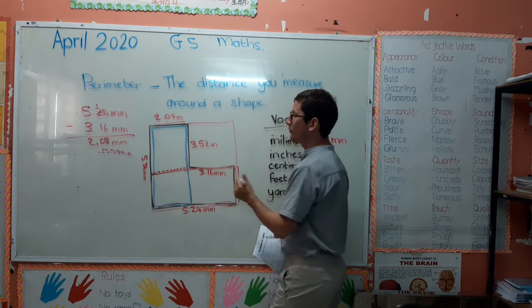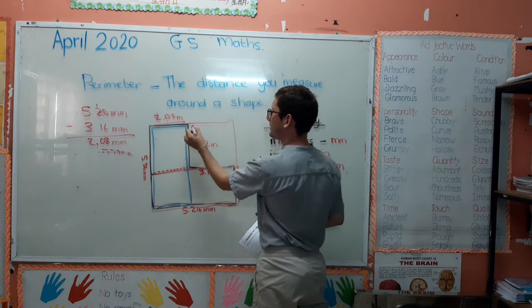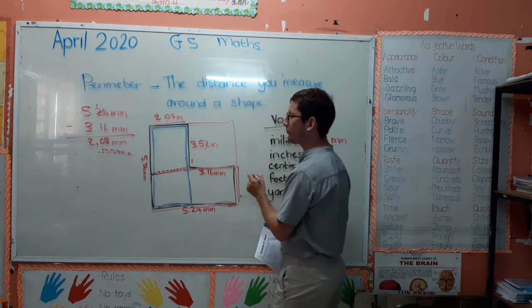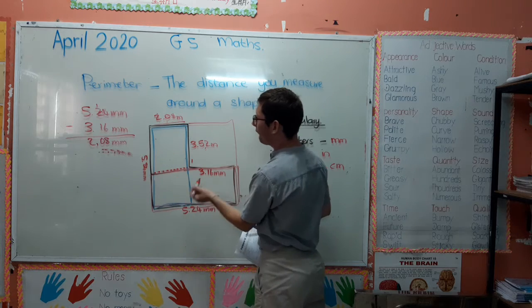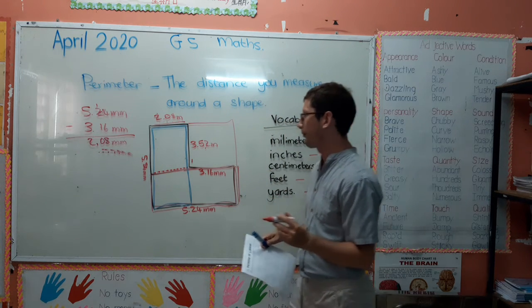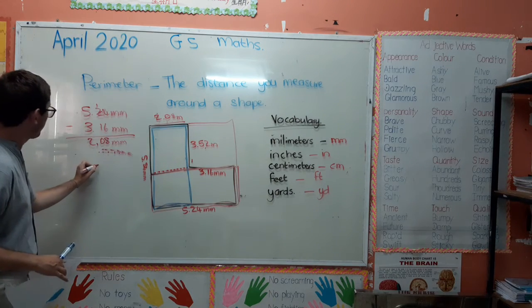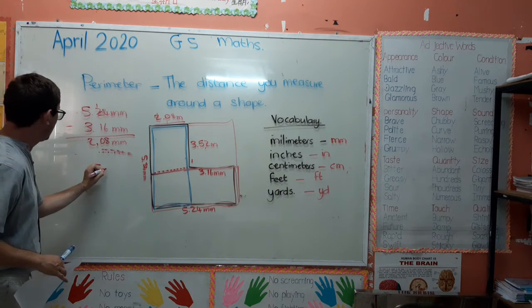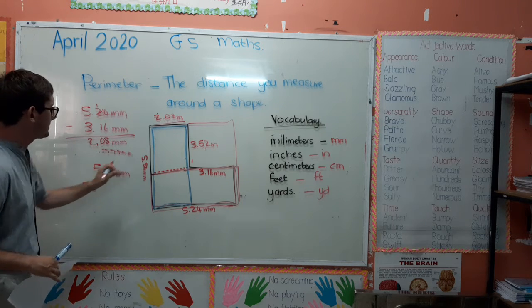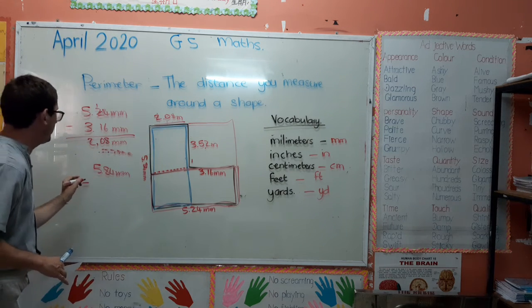But what we do, 3.52 is this measurement, 3.16 is that measurement, okay? So 5.84 minus 3.52. Okay, so let's work it out. 5.84 millimeters minus 3.52.